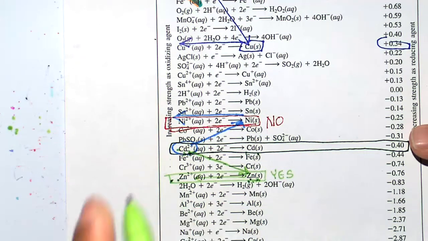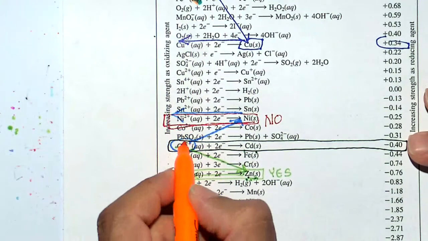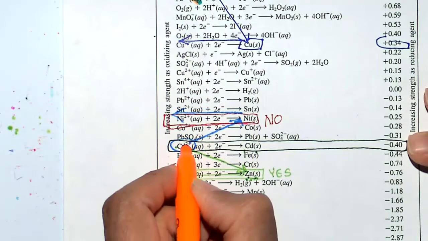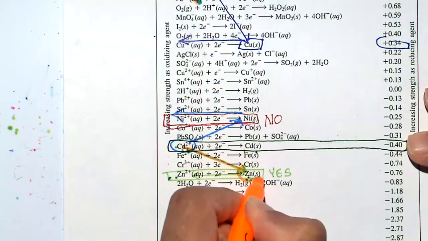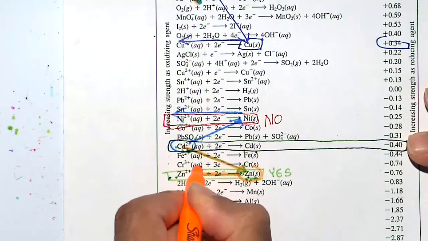Okay, that's kind of tricky. Let me repeat it again. Cadmium plus 2 can oxidize zinc solid to zinc plus 2.